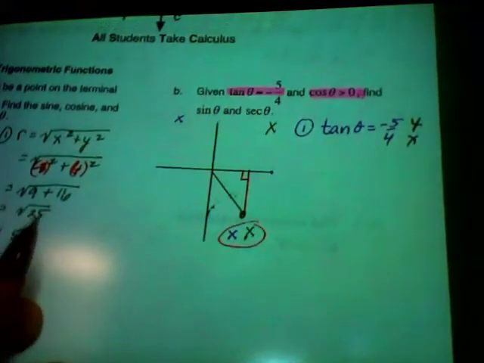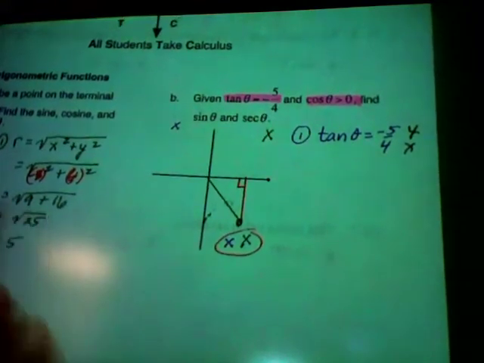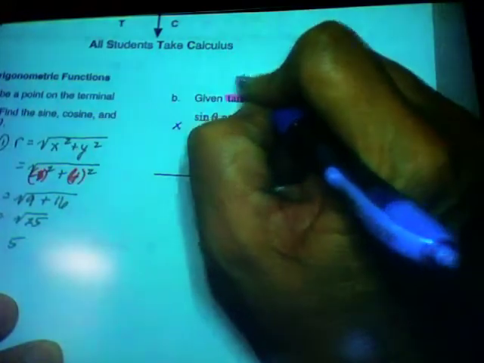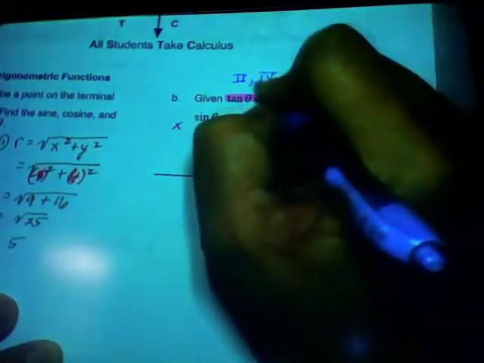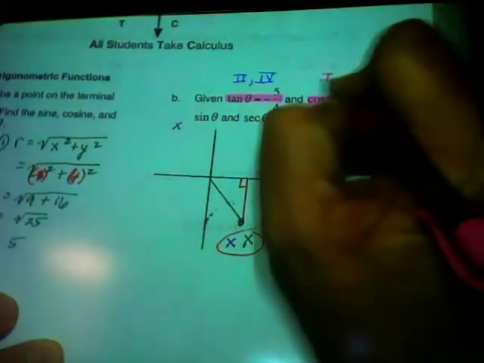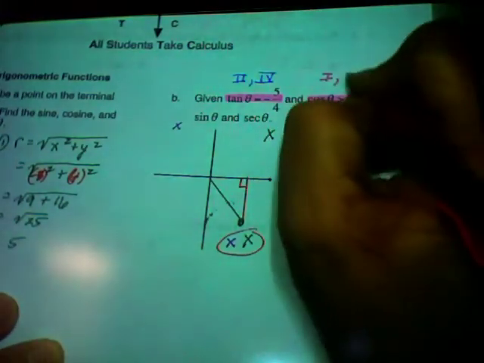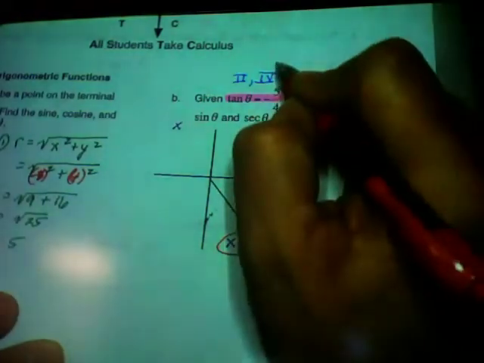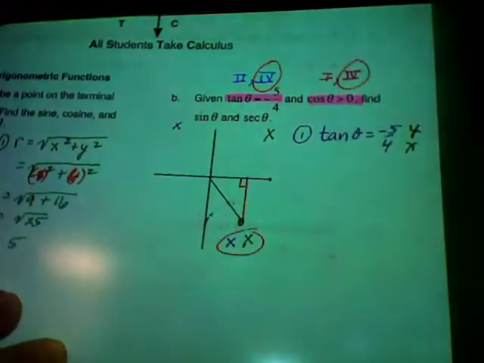And for your notes, if I were you, I would probably add up here that tangent was in quadrants 2 and 4, and cosine was in quadrants 1 and 4. And so this is what they had in common, quadrant 4. Otherwise you might forget what the x's are for. Yes?